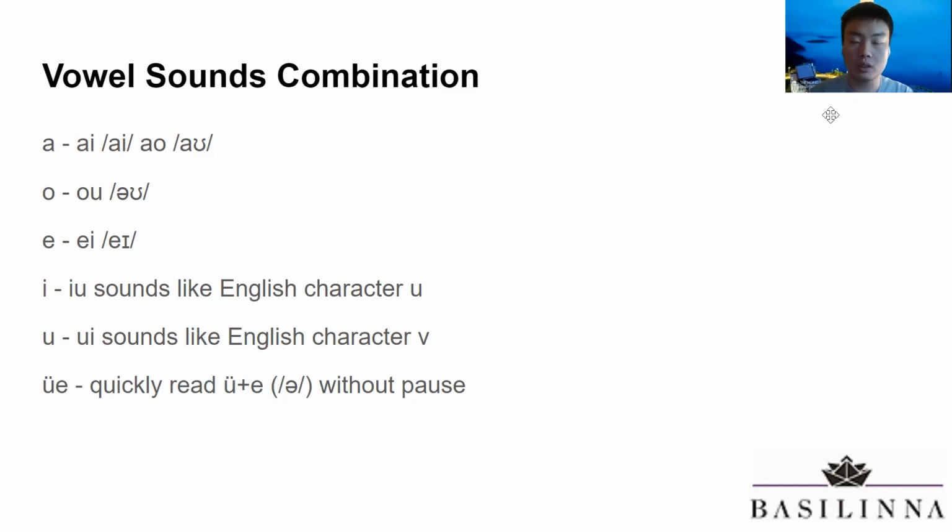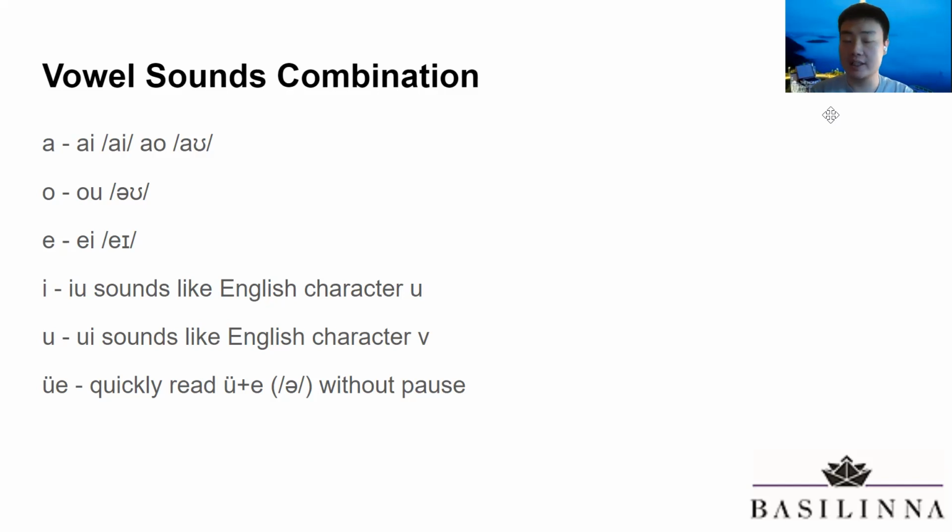Starting from o would be ao. The third line, starting from a would be an. The fourth one, starting from e would be ei. The fifth one, starting from u would be ui. And the last one, starting from yu, would be yue.